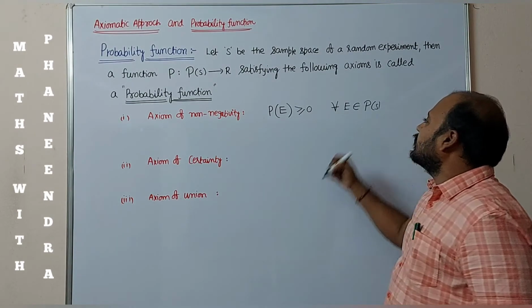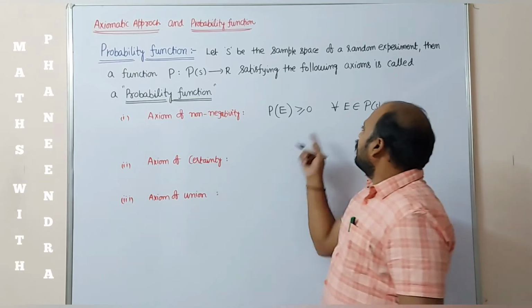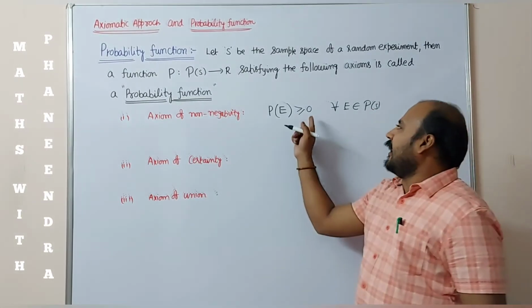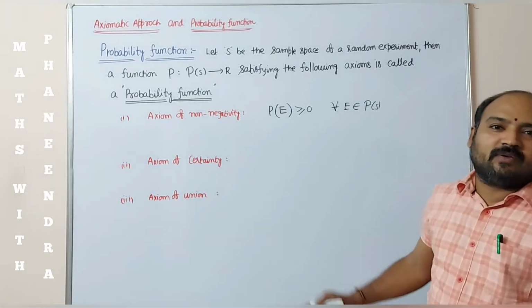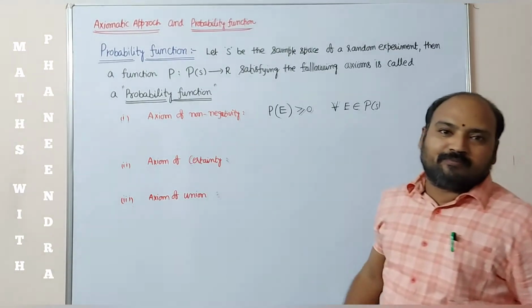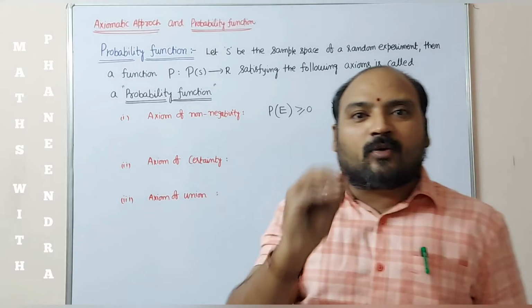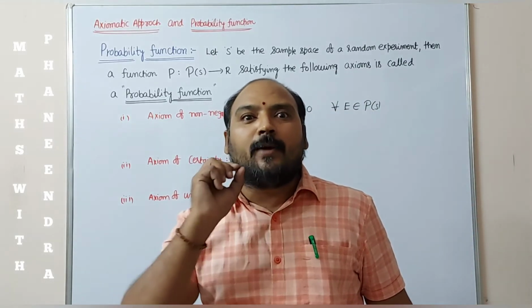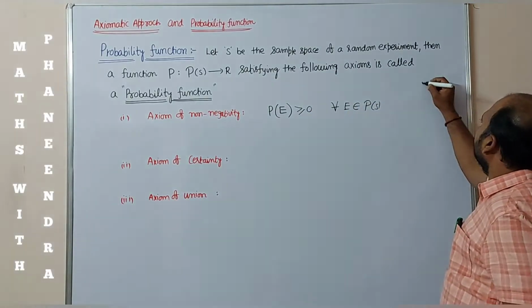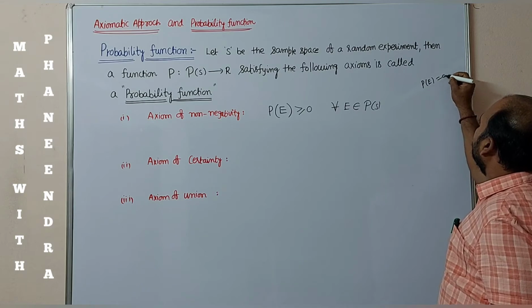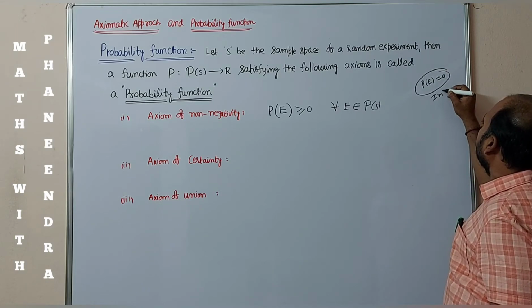Greater than 0 means positivity comes. But what about equal to 0? Whenever the probability of the event is equal to 0, it is called an impossible event. P of E is equal to 0 is called an impossible event.